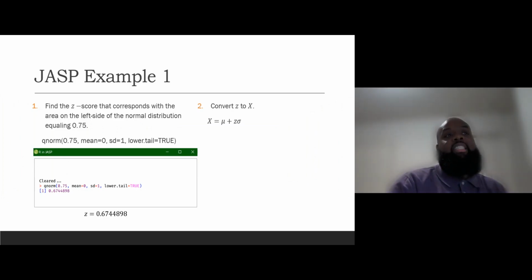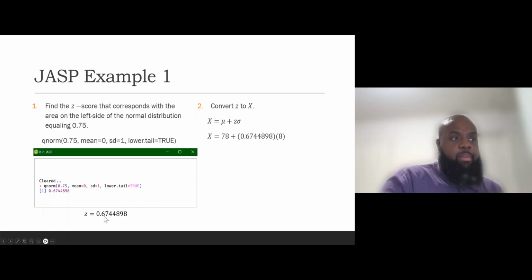Now let's convert Z to X. Well, we have this formula here that X equals mu plus Z sigma. Mu and sigma were given in the initial problem, right? I think mu was 78 and sigma was 8. And we've just found Z to be 0.6744, and so on and so forth. So I'll put those values into my formula.